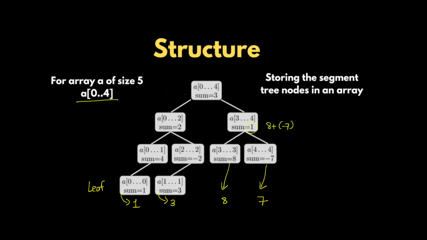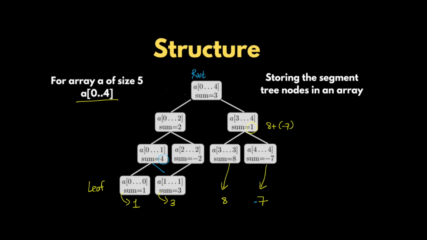So here it will be -8 plus 7, hence -1. Here it will be the sum of left and right. So here it will be 1 plus 3, hence 4, and so on. The root node will contain the sum of all the array elements, which will be 1, 3, -8, 7.